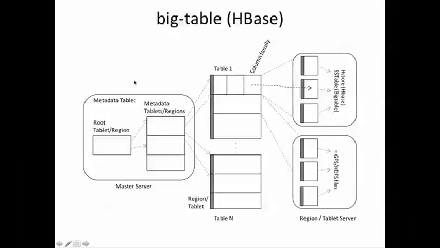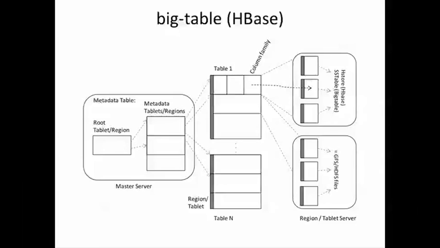The metadata table itself is another Bigtable and therefore comprises tablets or regions which are maintained on a separate set of tablet servers. One particular tablet is the root tablet, so all our searches start from there.